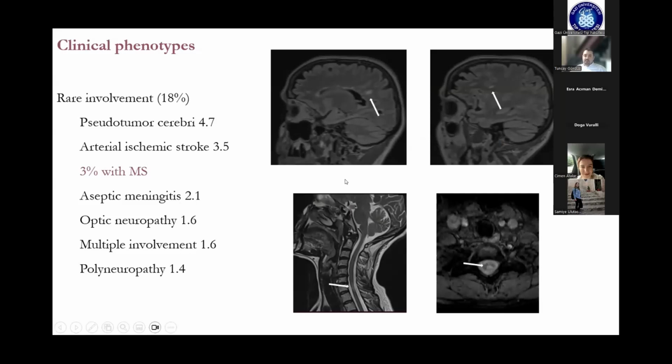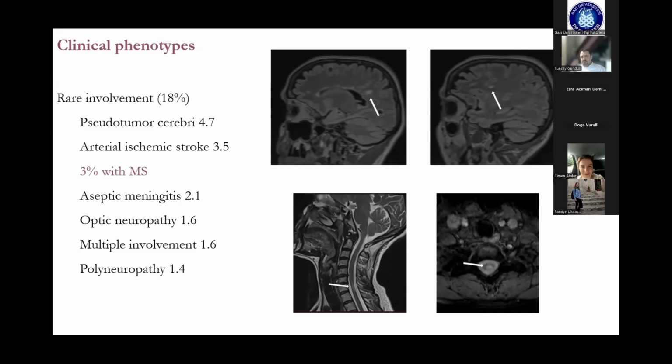So Behçet's disease has an increased prevalence of MS compared to the normal population. We don't know why, but it may be due to some kind of antigenic spread or antigenic exposure of the CNS proteins to the peripheral immune system.